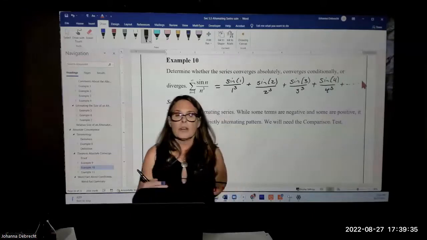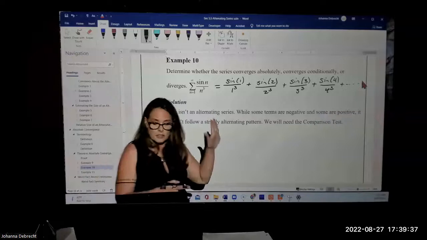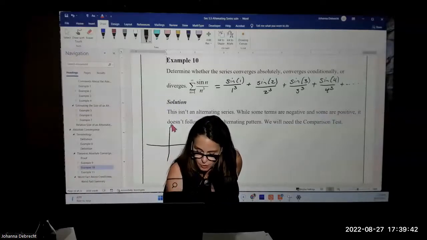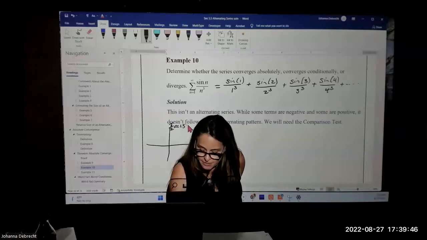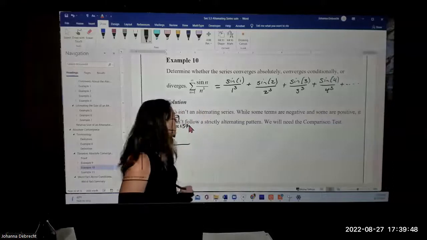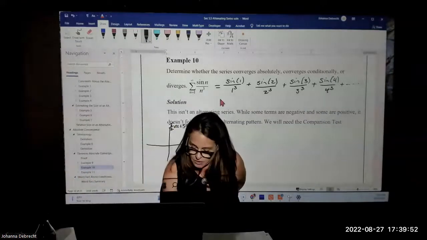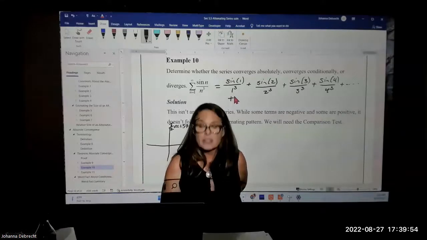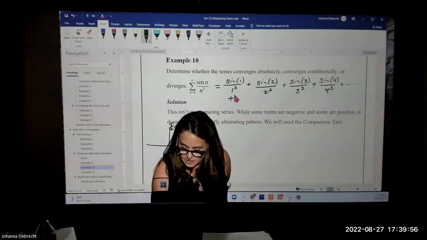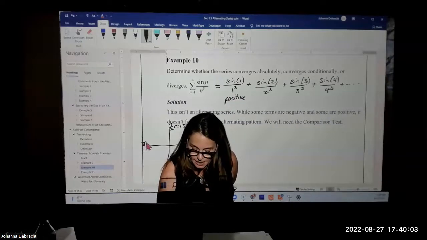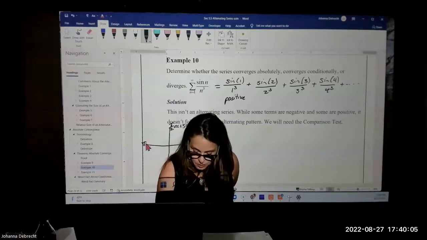Now, sine of 1, remember pi over 2, which is the end of quadrant 1. Let's write it out over here. The end of quadrant 1 is pi over 2, which is about 1.57. So the sine of 1 is still in quadrant 1, so that's going to be a positive value. So this one's positive, right? So let's go ahead and write it in words. That's positive. Well, this is pi, and pi is about 3.14.